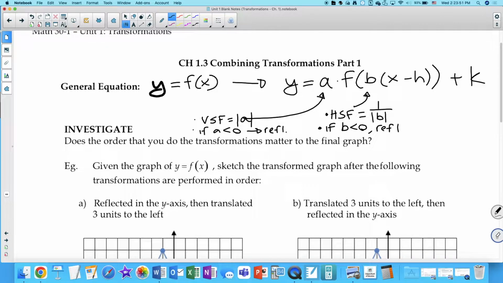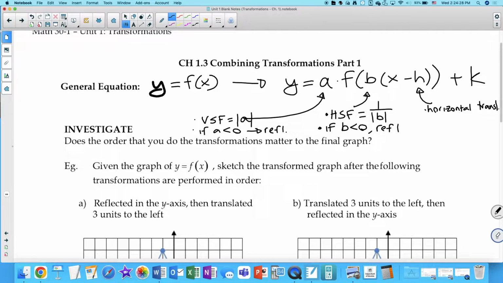What's h? Yep, horizontal translation. I'm running out of space, so I'm just going to abbreviate. If h is positive, then what would happen? I'm not talking about this sign. I want to know if the actual h value is positive.